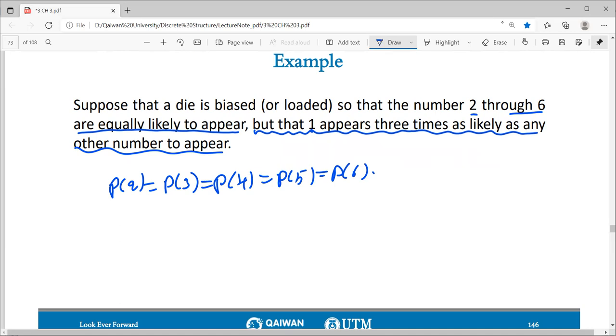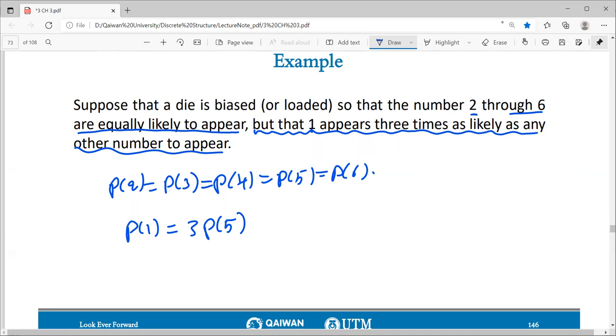Here we say probability of 1 equals 3 times probability of 2, equals 3 times probability of 3, 4, 5, and also 6. Here we say it equals 3 times probability of, let's say, 5. As it says, the probability of 1 is 3 times the probability of any other number.